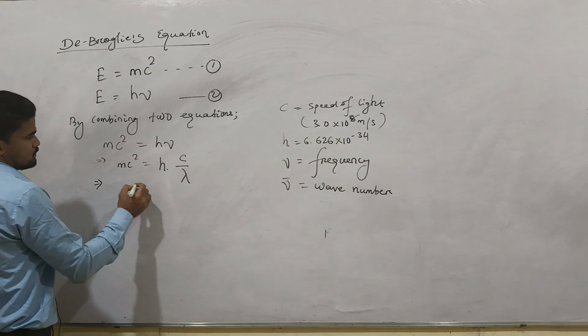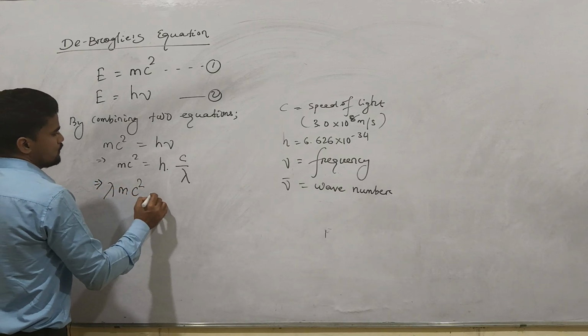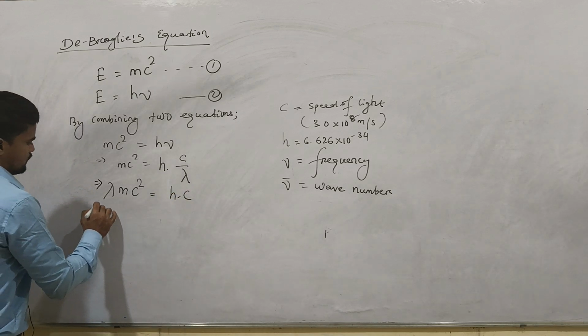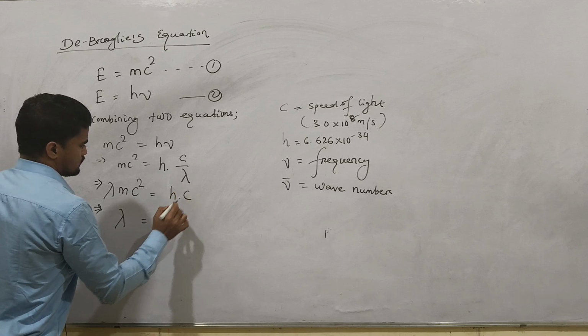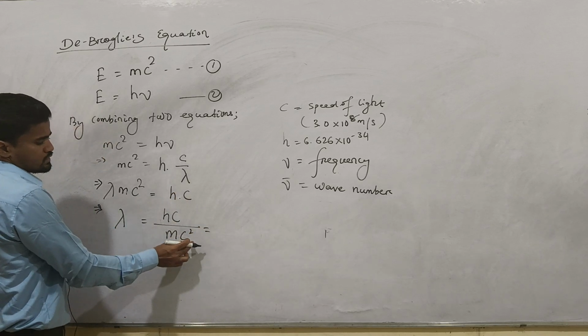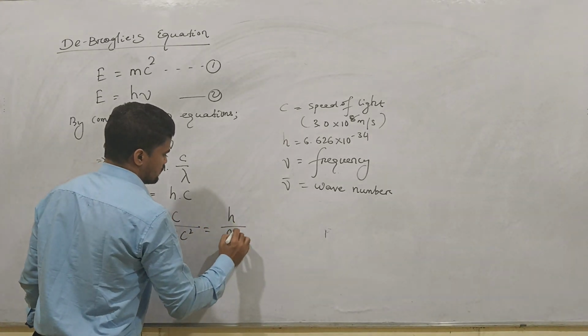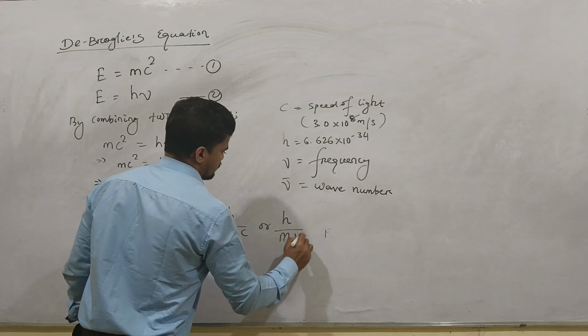So mc square into lambda equals h into c, which implies lambda equals hc divided by mc square. c cancels with c, so we get h upon m into c, or h by m into v.